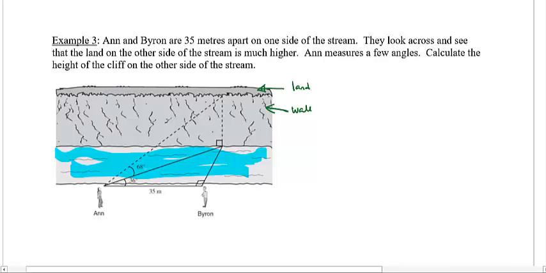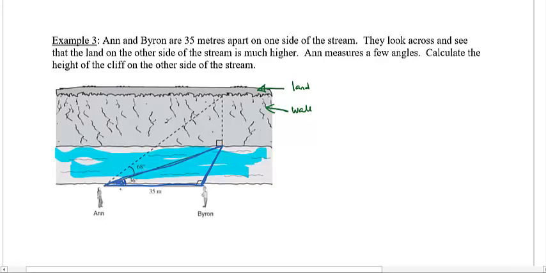So she's measuring a few angles. I want you to realize that this triangle here is actually flat, on the horizontal plane. And she measured the angle here to be 36.